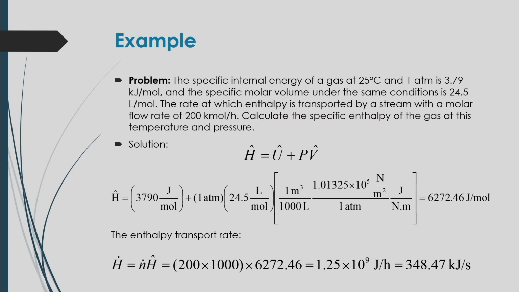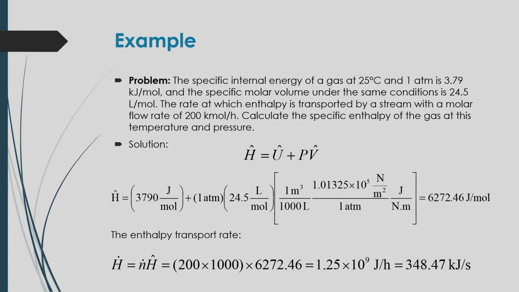Now, let us do an example for this calculation of specific enthalpy based on that internal energy change. Say a system under a certain condition transports enthalpy by a stream with a molar flow rate of 200 kilomole per hour.